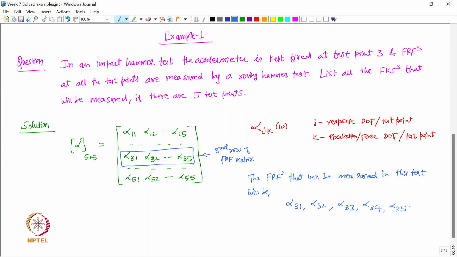So, these 5 FRFs will be measured. This essentially completes the solution of example number 1.